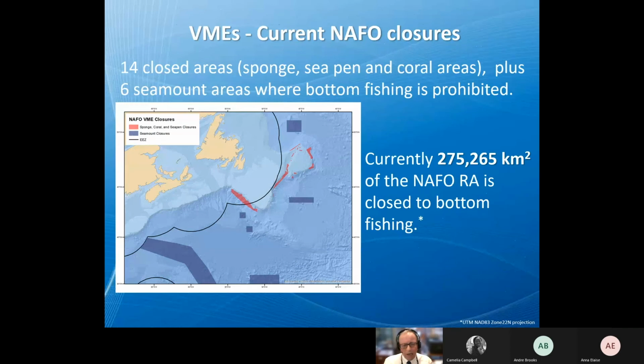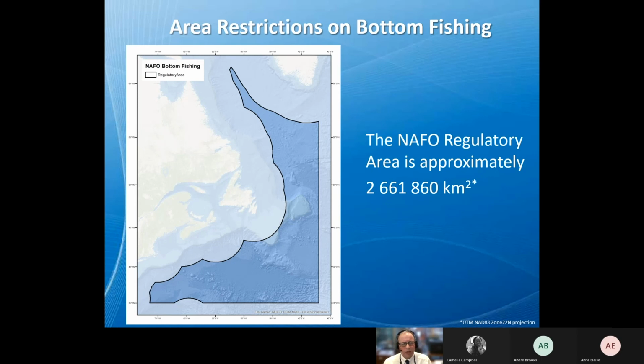To illustrate, we currently have 14 closed areas, which are mainly sponge, coral, and sea pen areas, plus 6 seamount areas. The VME closed areas are in red, the 6 seamount areas are in blue, which currently is over 275 square kilometers, or over 10.34% of the NRA, the NAFO Regulatory Area. So this illustrates the NAFO Regulatory Area.